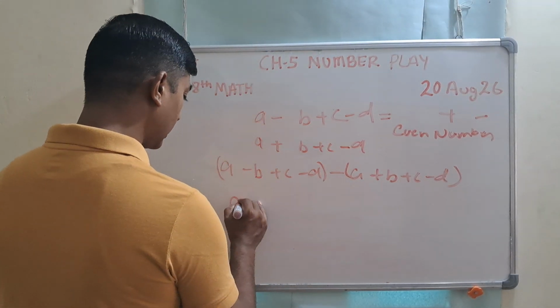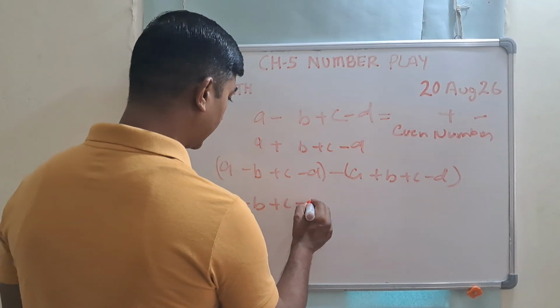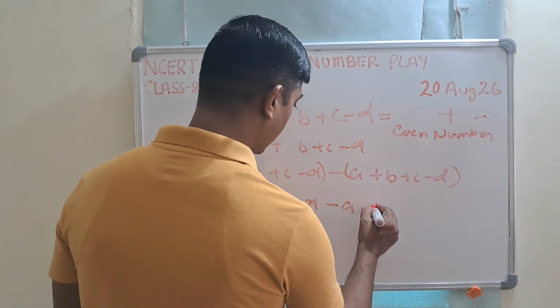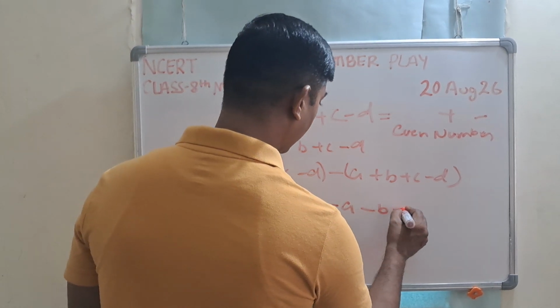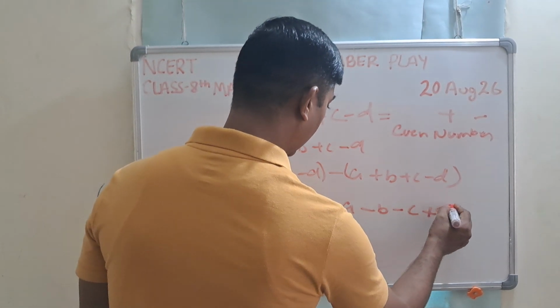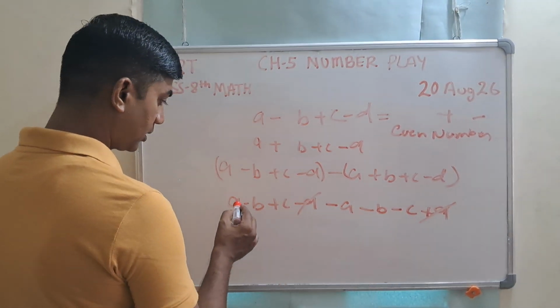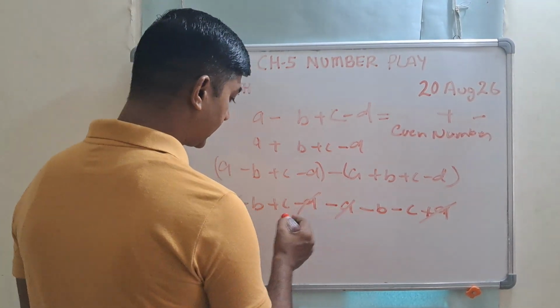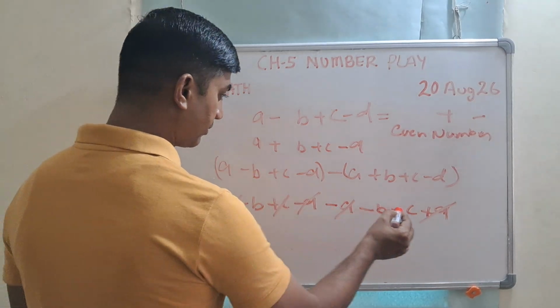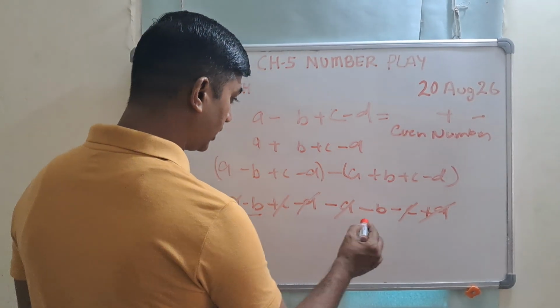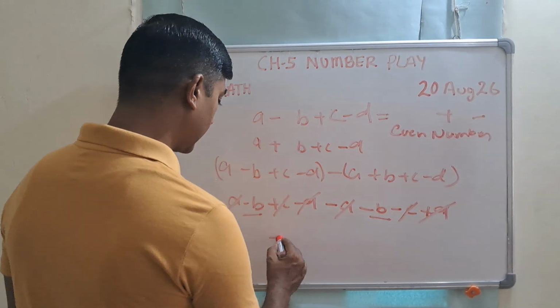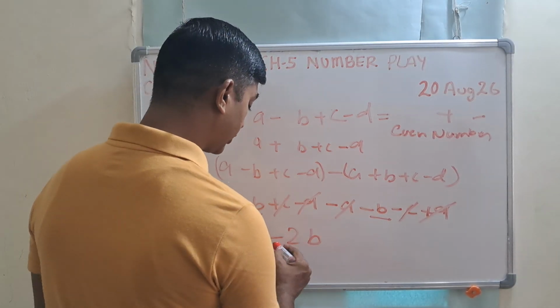What result will we get? a minus b plus c minus d minus a minus b minus c plus d. You will see minus d and plus d cancel, plus a and minus a cancel, and plus c and minus c cancel. You will see minus b and minus b, that is minus 2b.